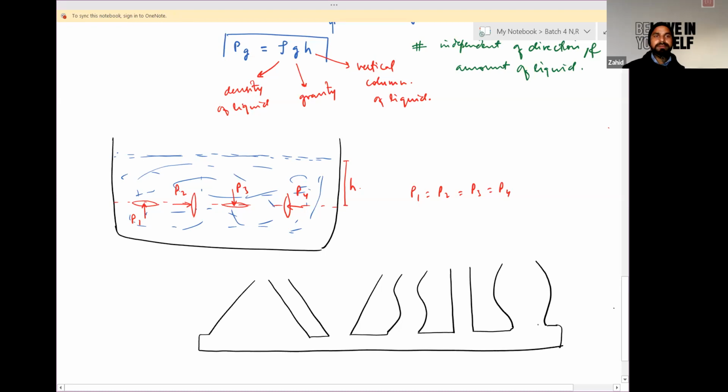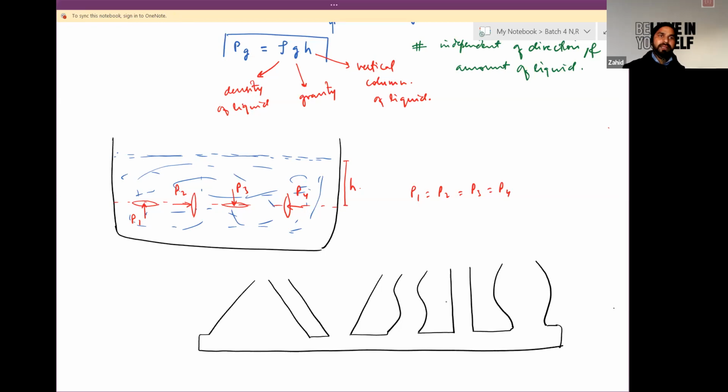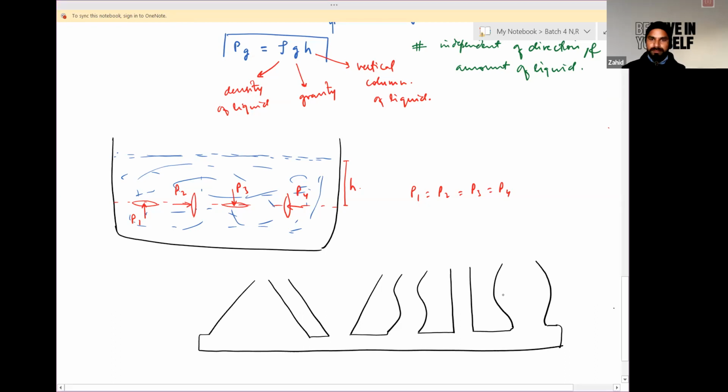All are connected to one another, and you start filling liquid from any one of them, let's say from this end.